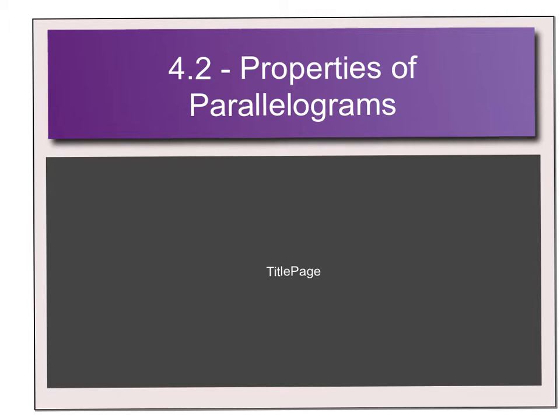Now we're gonna shift to parallelograms. Okay, parallelograms. That's going to be our focus, and parallelograms are very specific. What we call quadrilaterals. Okay, so a quadrilateral, which I mentioned a little bit in the previous video.